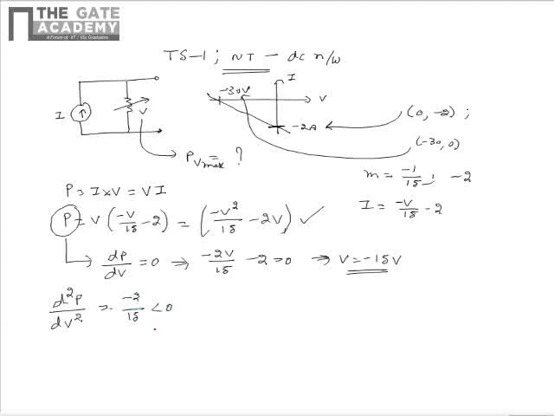As this is less than 0, that is, as the sign of d square P by dV square is negative, we see that V equal to -15 volts corresponds to the maximum power dissipation in the variable resistor.